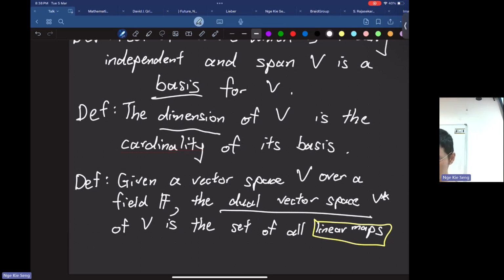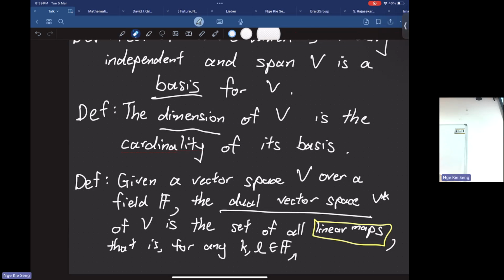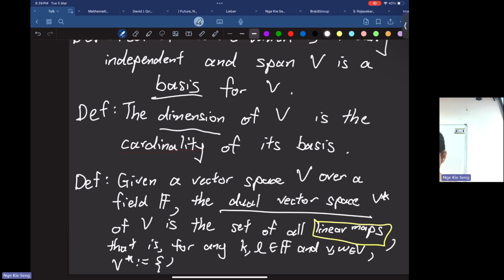Such that, for any element in the field and any two elements in V. So what's this linear map?